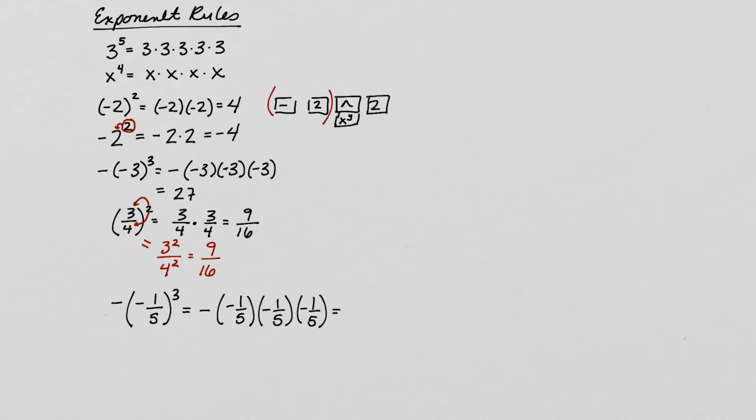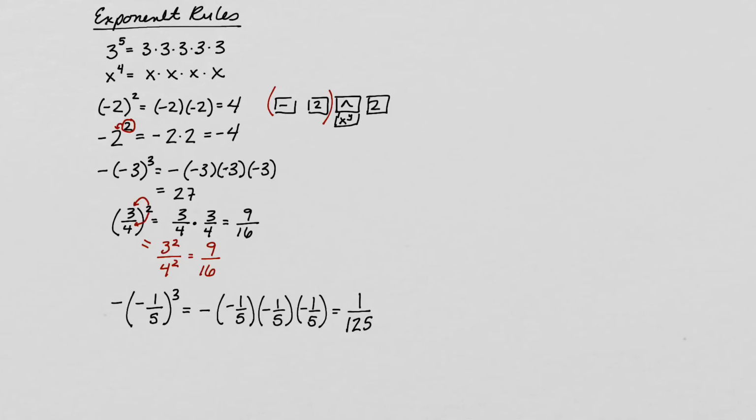So negative times negative is positive, times negative is negative, times negative is positive. So my final answer is going to be positive. 1 times 1 times 1 is just 1. And 5 times 5 times 5 is 125. So the answer here is positive 125.